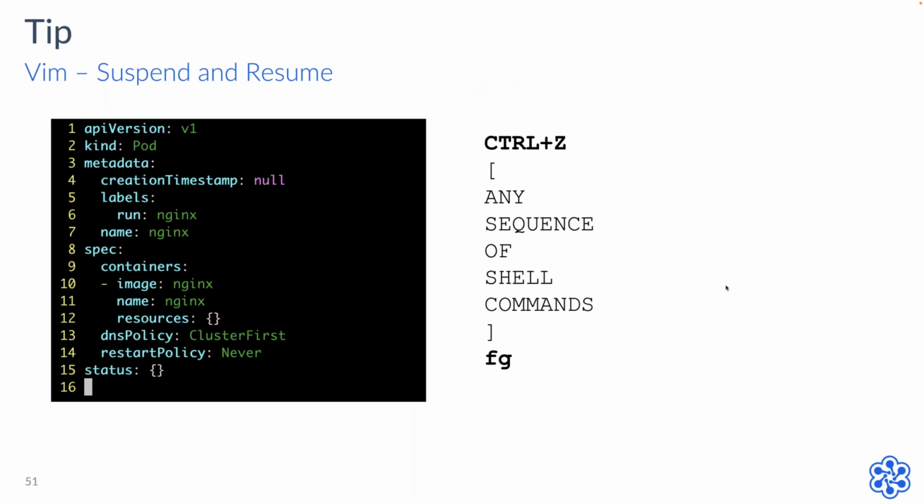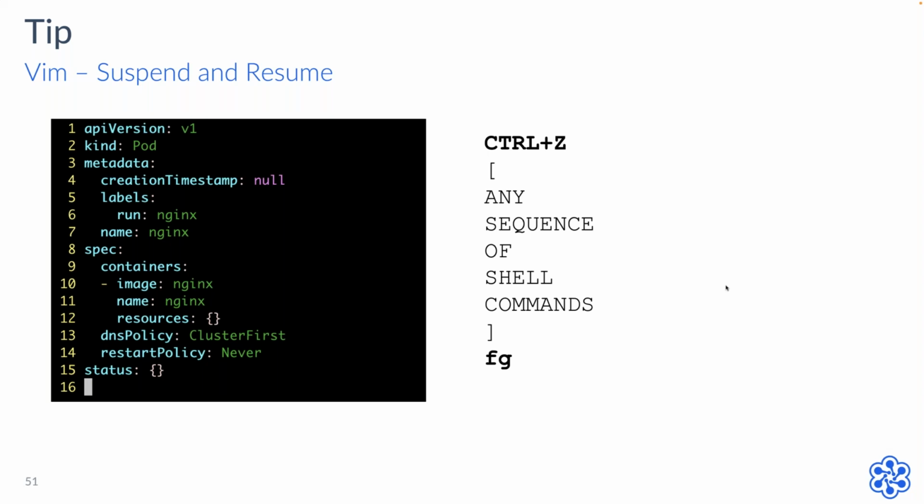Another tip that I found highly useful was to briefly suspend and resume editing sessions within Vim. To do so, use the Control+Z key sequence. When you're in a Vim session and you do Control+Z, this will suspend the current Vim session, and then it will drop you back into the terminal.